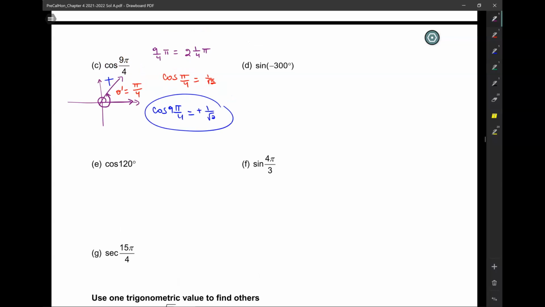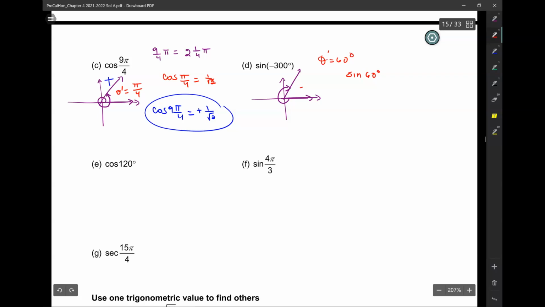Okay, let's draw negative 300. Negative 90, negative 180, negative 270, negative 300 is about here. What's the reference angle there? 60 degrees. Okay, so let me write 60 degrees here. Now what I want to find is sine of 60 degrees.